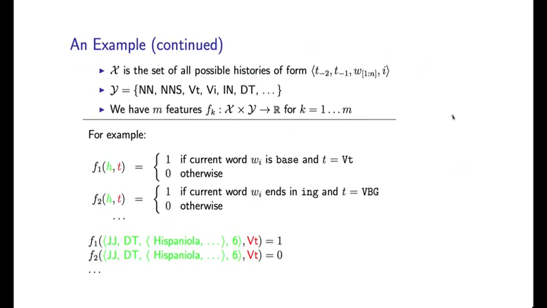So here are some examples of how we might instantiate features in the tagging problem. We have x, the set of all possible histories of this form, y is the set of tags, and we have various features. The first example feature is the following. f1 is going to be 1 if the current word wi is the word base and the tag t is equal to vt.